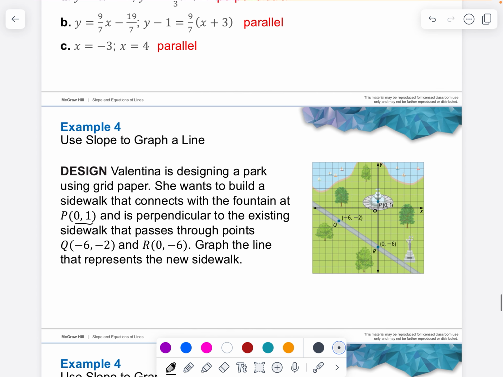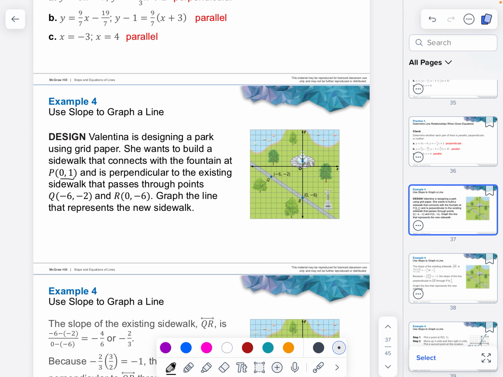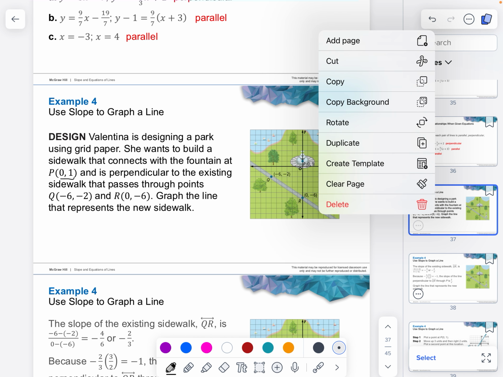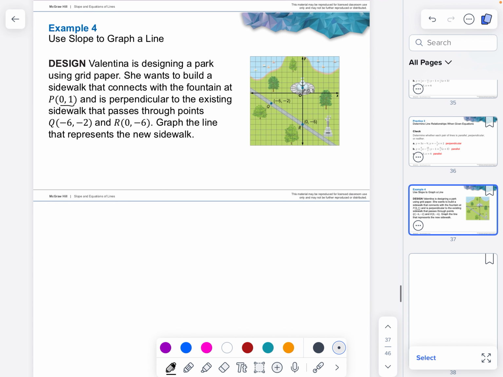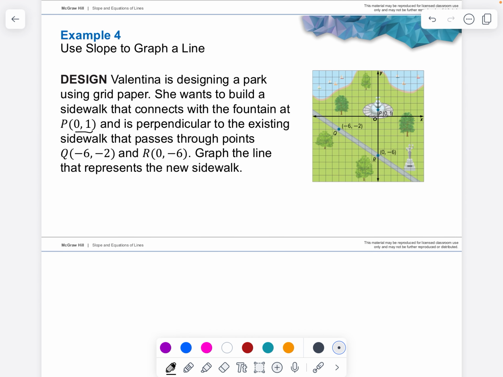Okay. So what we're going to do, I'm going to go off to the side here, and I am going to add a page. There we go. Cool. Get rid of that.